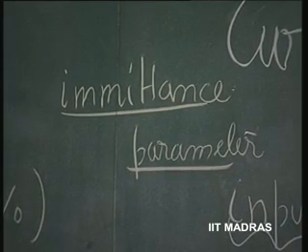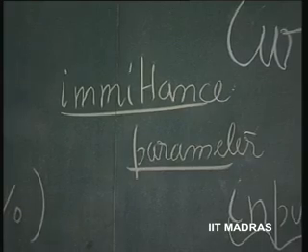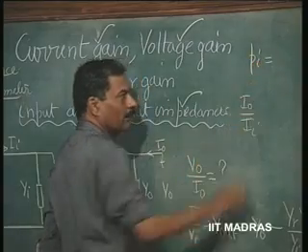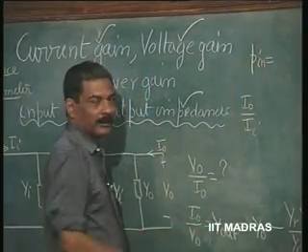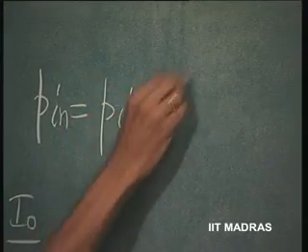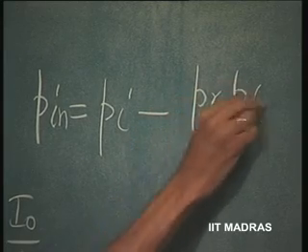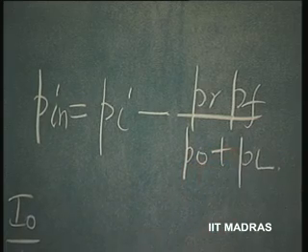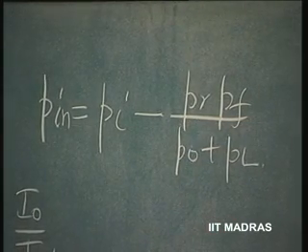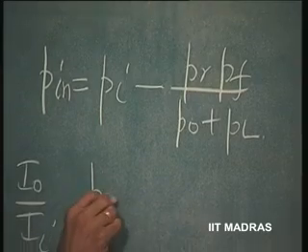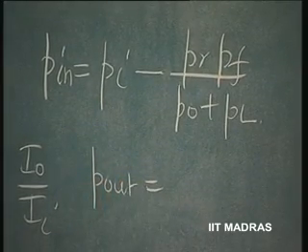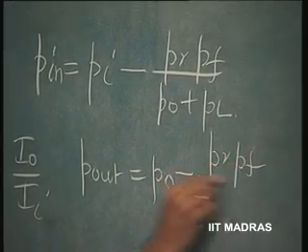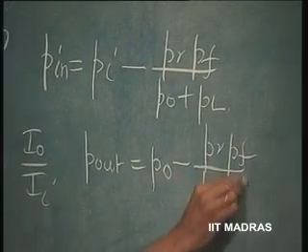Whether it is H, Y, Z or G, the input immittance P in is equal to Pi minus PR PF divided by P naught plus PL. Right? And output immittance is going to be equal to P naught minus PR PF divided by Pi plus PS.